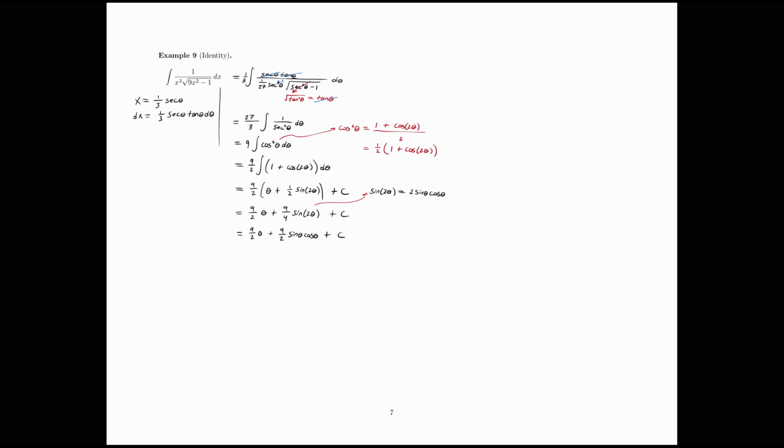So if we draw a triangle based on our initial trig substitution, this equation, secant of theta equals 3x, therefore cosine of theta equals 1 over 3x. When you draw this triangle, the argument of cosine is theta. So when we draw this, we're drawing a theta triangle, not a 2 theta triangle.